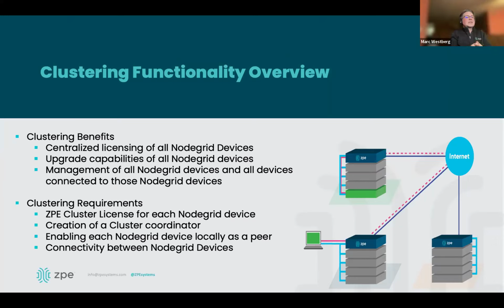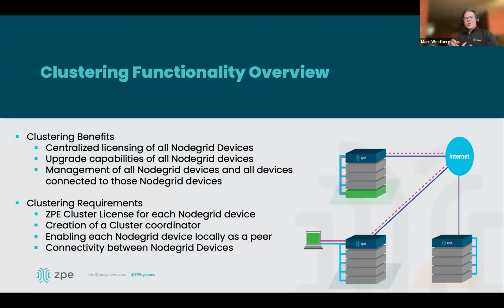You can buy one license pack for 400 access devices, some virtualization and monitoring, and have all of those distributed by the centralized licensing server, the cluster coordinator, as it would be.